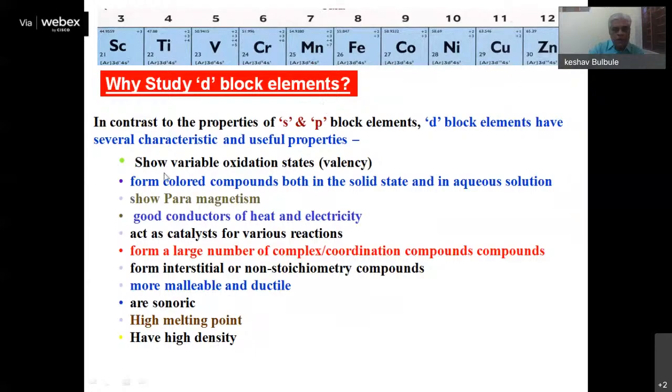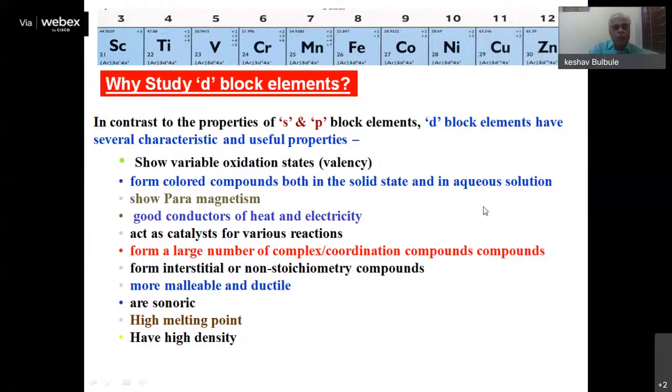D block elements show variable oxidation states. You should note that s block elements can exhibit only one type of oxidation state, whereas the d block elements exhibit variable oxidation states. These are the only elements which can form colored compounds, both in the solid state as well as in aqueous solution.